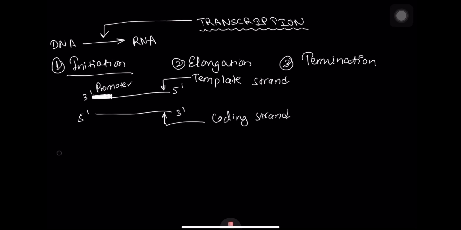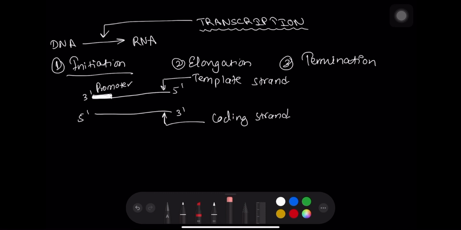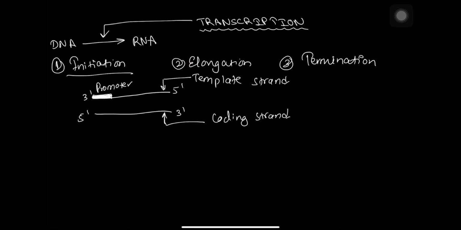So here there is the enzyme called RNA polymerase. It can form all the forms of RNA except RNA primers. It does not need RNA primers. This RNA polymerase enzyme is different in prokaryotic and eukaryotic cells.